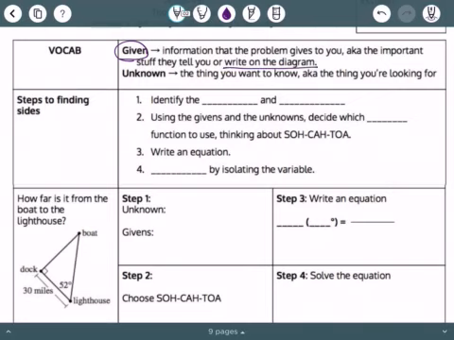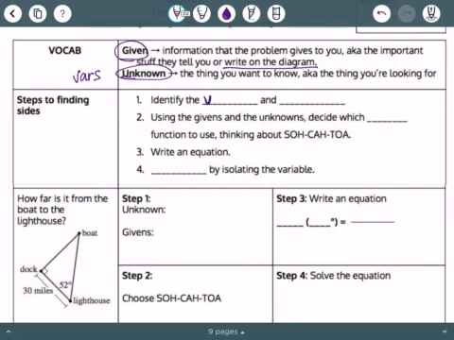And then we also have unknowns, and unknowns are like variables. It's the thing that you want to know, aka the thing that you're looking for. So we want to identify both of those things anytime they give us a problem. So, steps to finding sides.